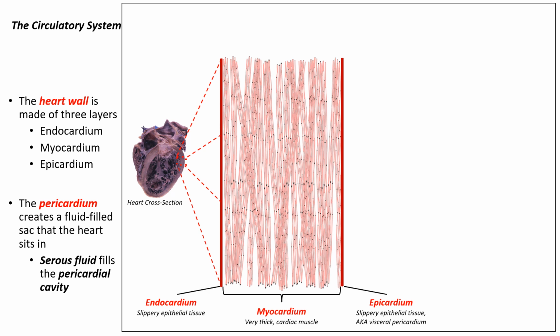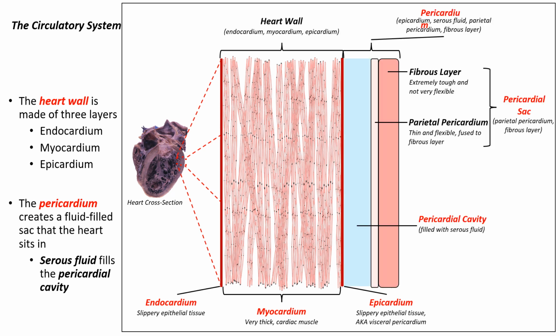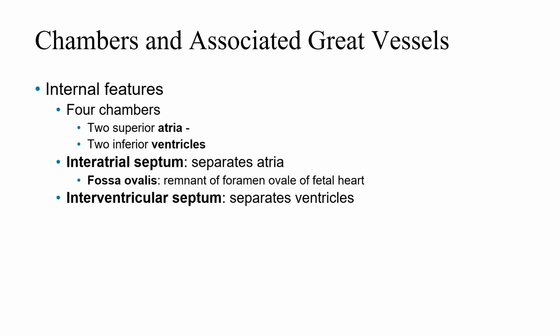And so there's a fluid-filled sac on this side, filled with serous fluid in the pericardial cavity, just meant to reduce friction. So we're seeing that here. You have a tough and sort of structural fibrous layer that's meant to provide resistance and protection, and then the parietal and serous layers.